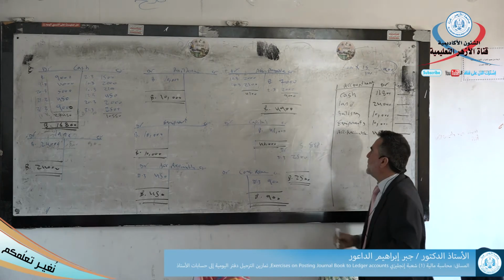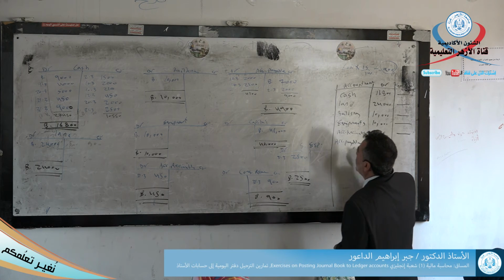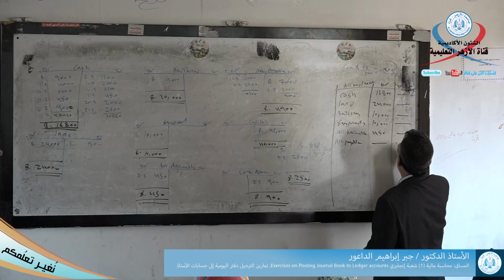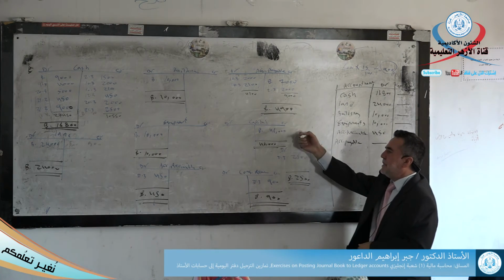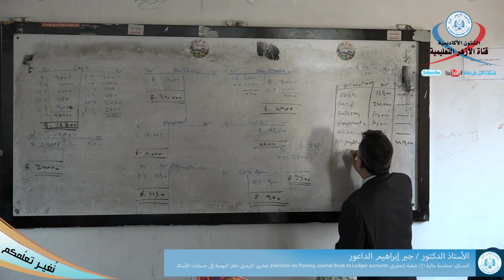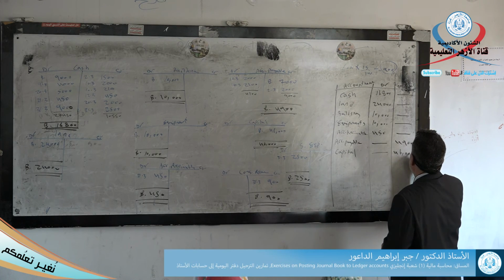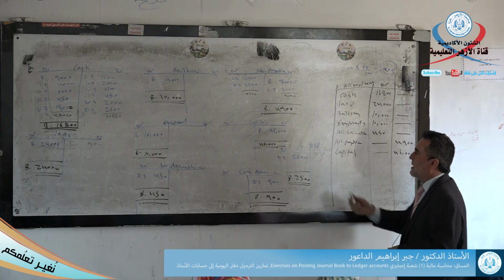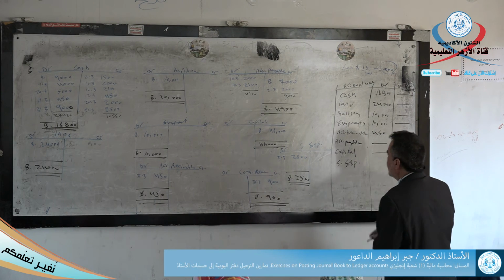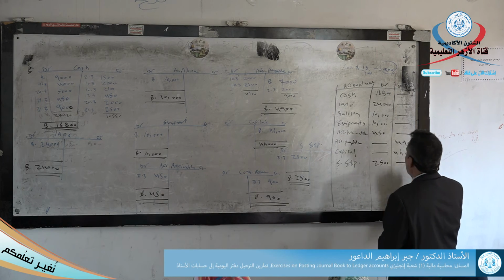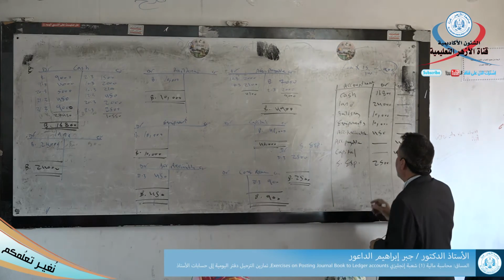Accounts payable, $4,900. Capital, $46,000. Salary expense, $2,500. Concession revenue.